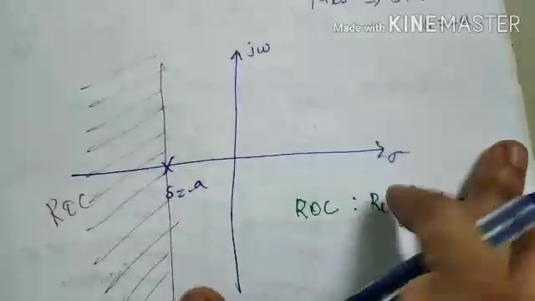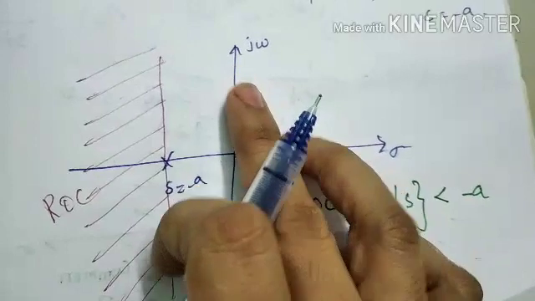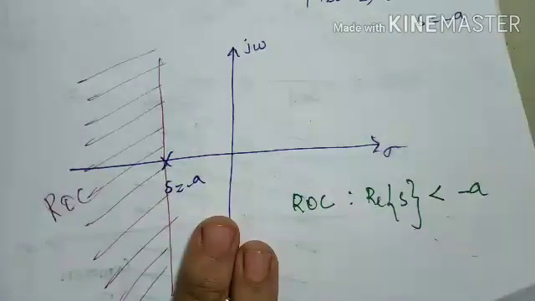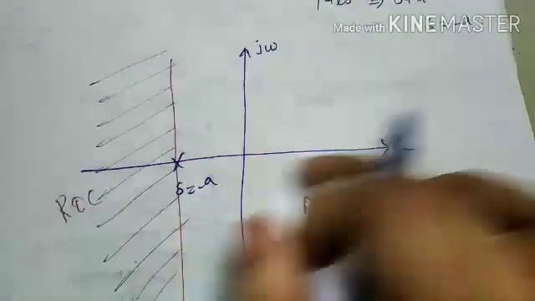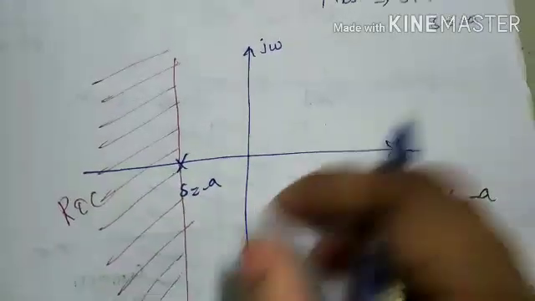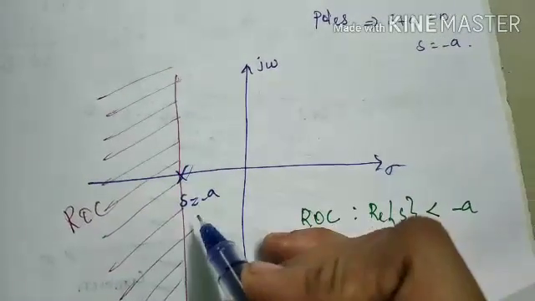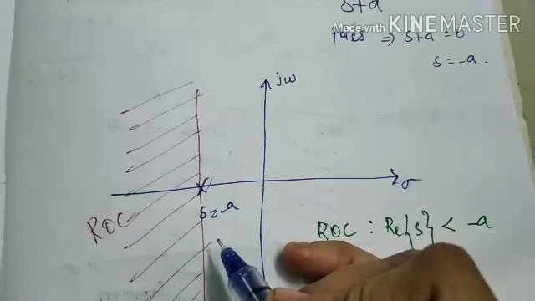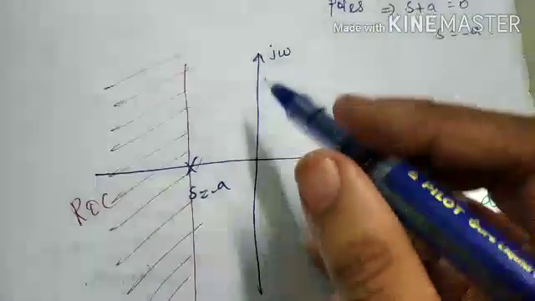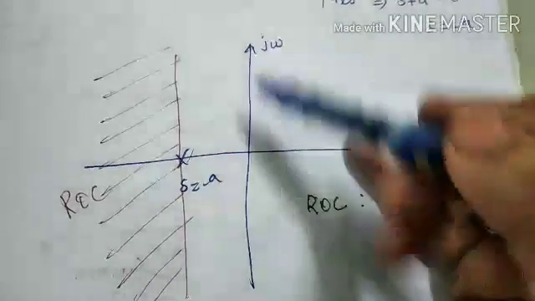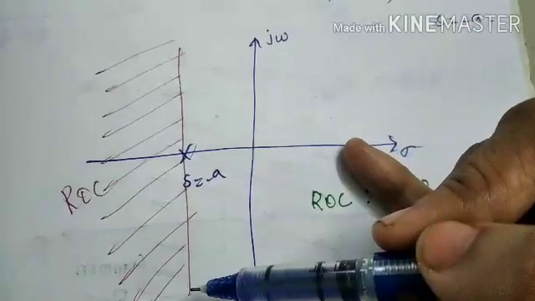Now we are going to plot this on the sigma j omega axis. This is the s domain plot, with the real axis and the imaginary axis. Now I am going to plot this pole, s is equal to minus a. Then I draw a line parallel to the imaginary axis.